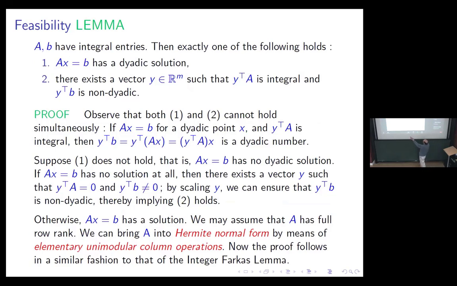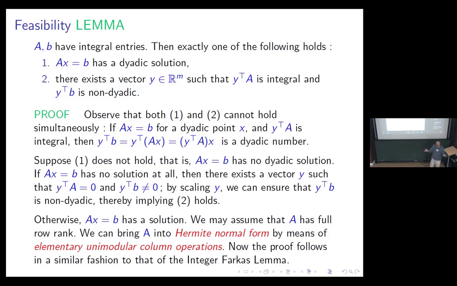If the first holds, AX equals B has a dyadic solution X, and you also have a vector Y such that Y transposed A is integral, then let's just look at Y transpose B. B is AX, so you replace, and you can look at it as Y transposed A times X. Y transposed A by hypothesis is integral, and X is dyadic.